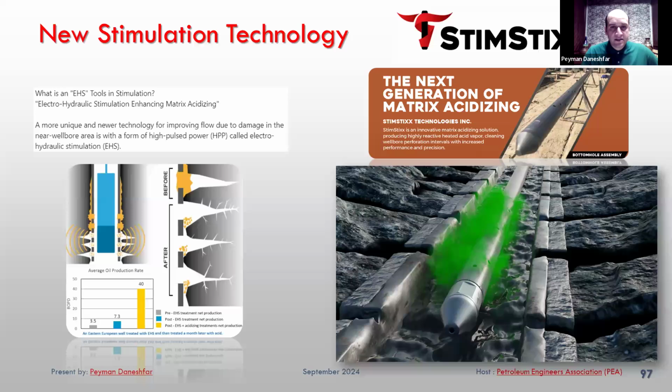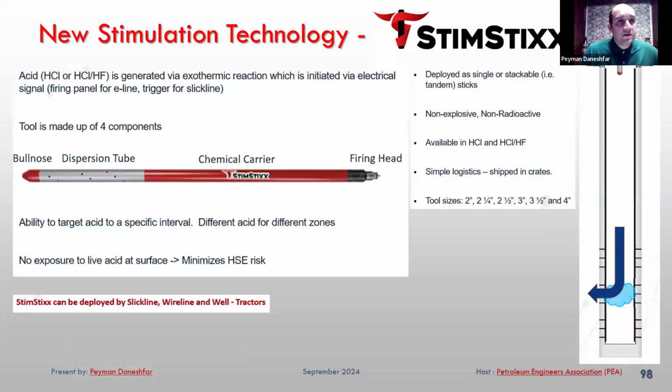You can see it in the next slide. This is a new stimulation technology. We can use an acid, HCl, HCl-HF or mud acid, which is generated via an exothermic reaction initiated via an electrical signal. The tool is made of 4 components: ball nose, dispersion tube, chemical carrier, and firing head.